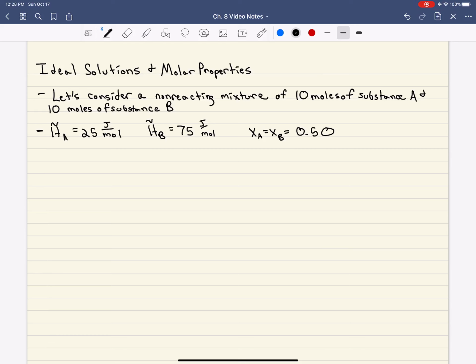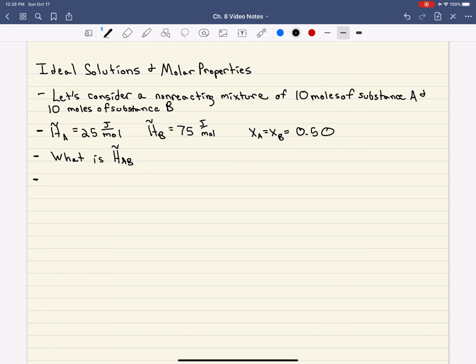And so for the individual pure components, we know their molar enthalpies. But what we want to figure out now is what is going to be the molar enthalpy of the mixture, that solution that contains both substance A and substance B. Right?